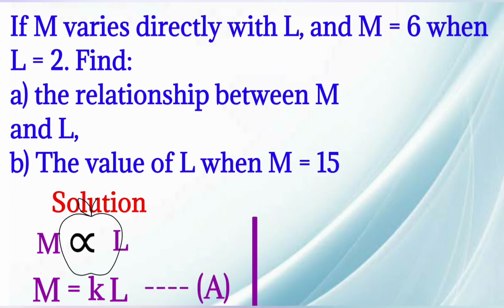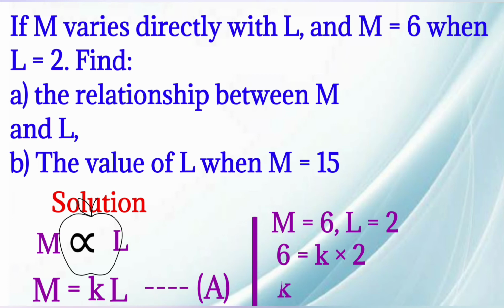Now from the second sentence, when m is equal to 6, L is equal to 2. If you substitute these values of m and L into equation A, you will have 6 is equal to k times 2. To get the value of k, divide both sides by 2, so k will be equal to 3.